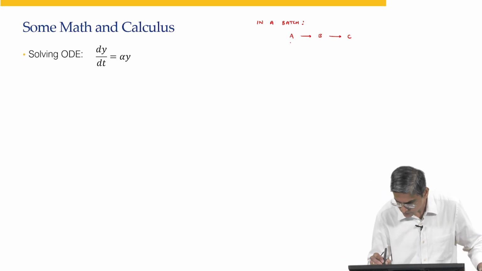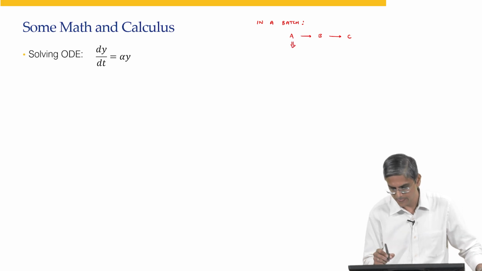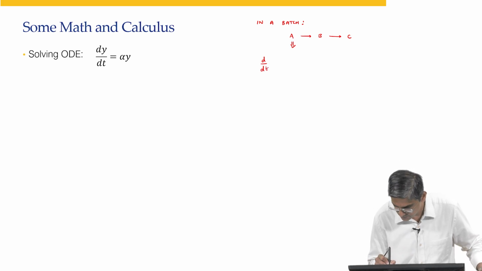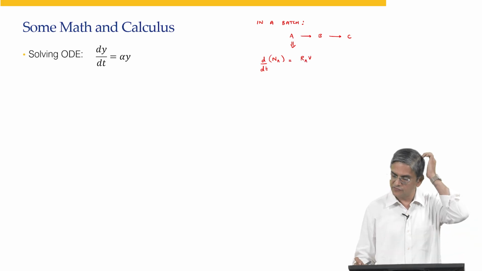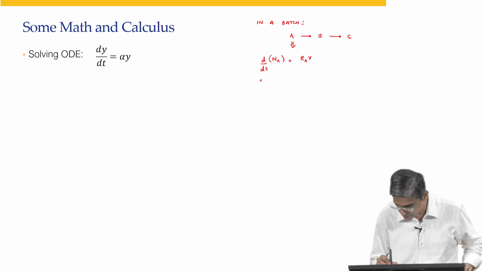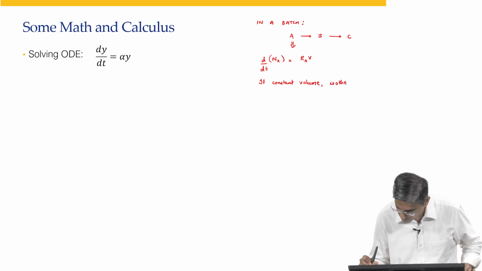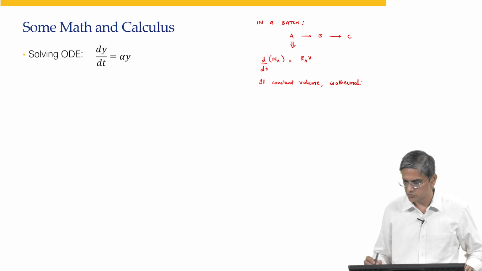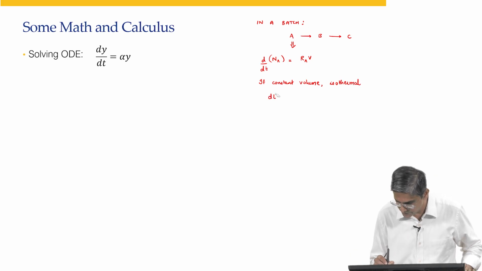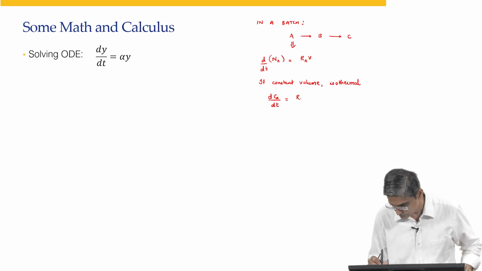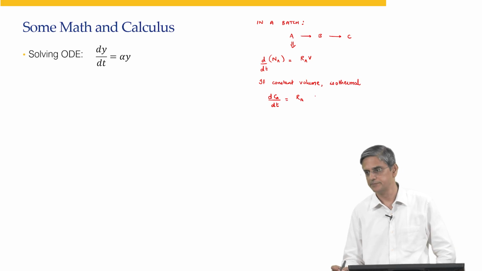Okay. Let us say we were writing the balance for A. We are going to write this as, okay, if this were a constant volume batch reactor, if this was constant volume and isothermal, we are going to get RA.